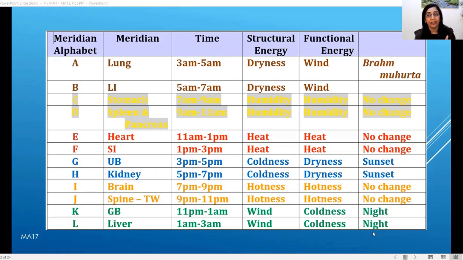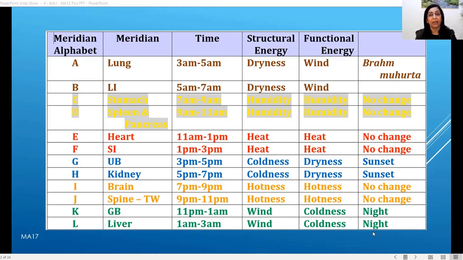This implies that the lung and large intestine meridians are structurally, according to the access law, dryness meridians, but functionally, because they are functioning best in the morning times, which is the wind energy time, they are wind meridians. So functionally they are wind meridians.